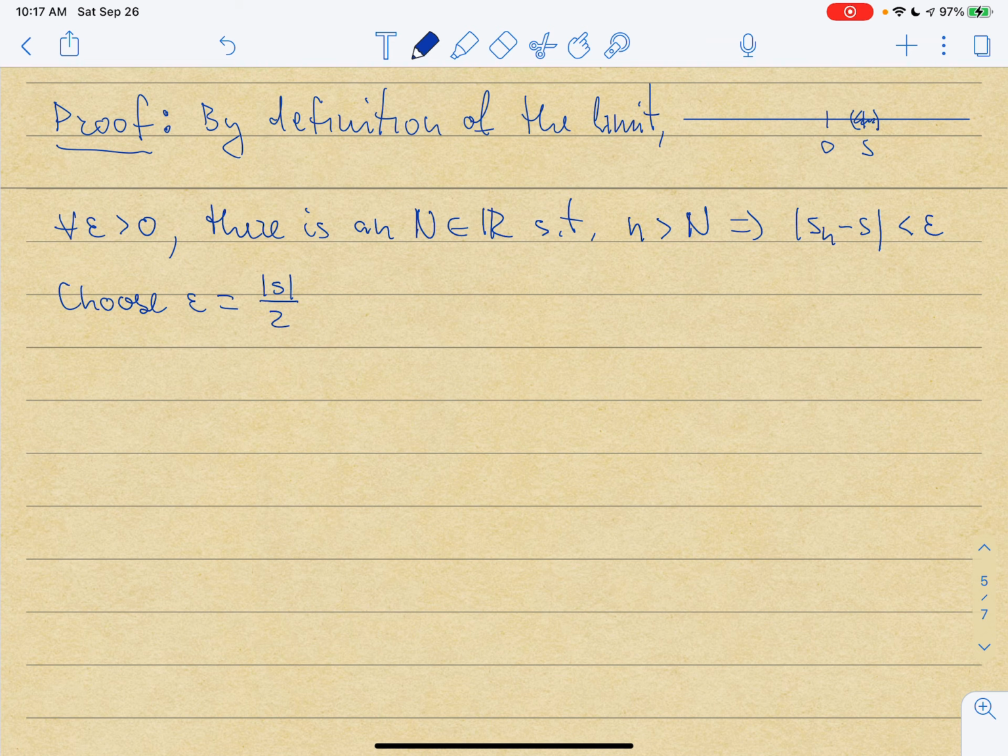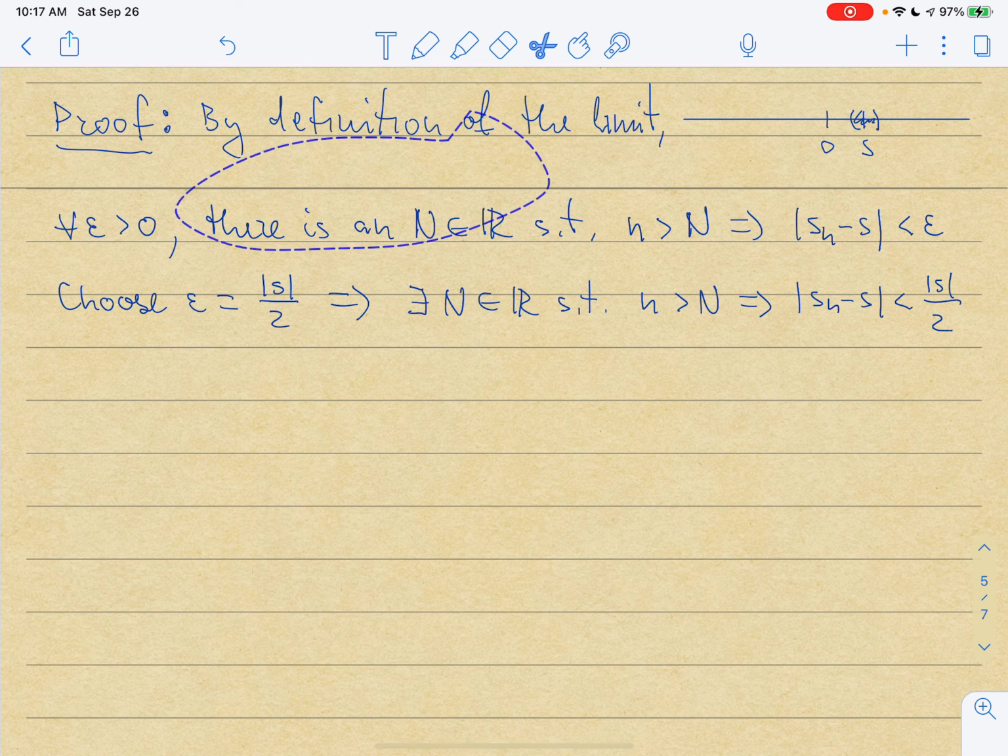Epsilon has to be positive, so I'm going to make it the absolute value of S divided by 2. Then there exists an N in R such that n bigger than capital N implies absolute value of Sn minus S is less than absolute value of S over 2. I'm just rewriting the definition of a limit for the specific choice of epsilon.